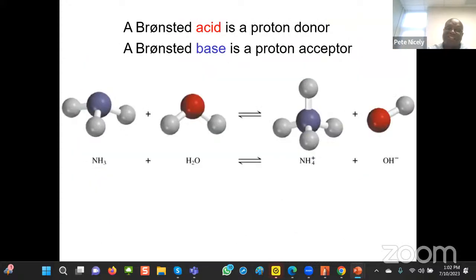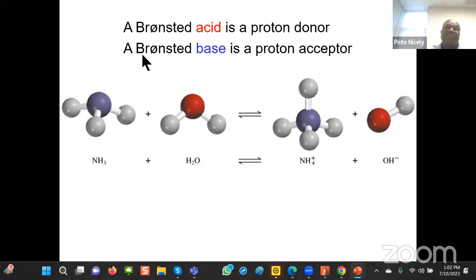Now, there's another definition here by another person by the name of Bronsted, and his definition is based on whether or not a substance can give up or accept a hydrogen ion, which is the same thing as a proton, right?